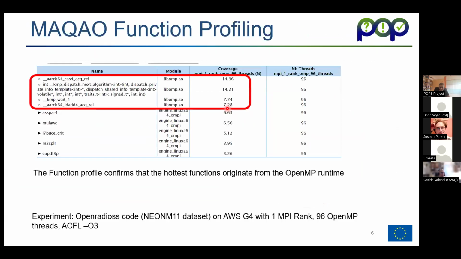Going down further, this is the function profiling view of the application, where we can see time spent in each function, and we can see that the hottest functions are actually all functions from the OpenMP runtime. We were spending nearly half of the time in the OpenMP runtime. From that, it is possible to find the origin of given functions.